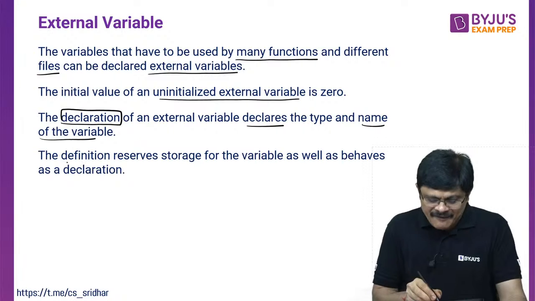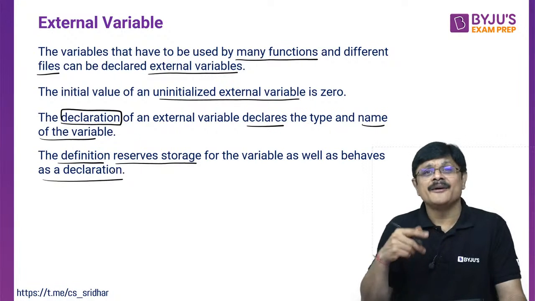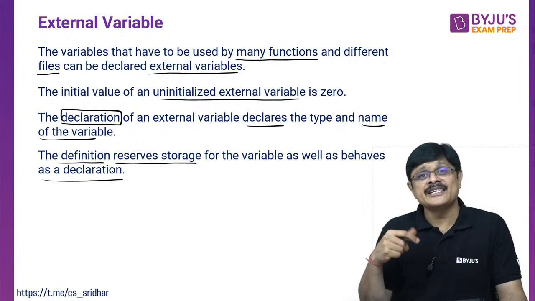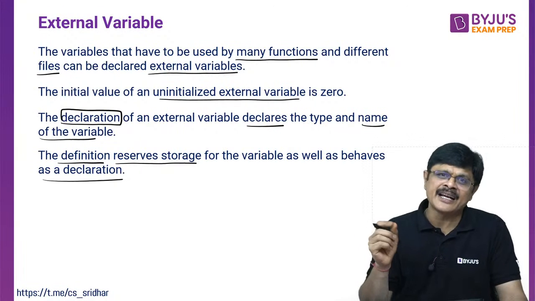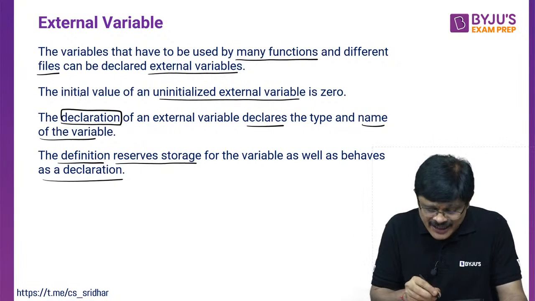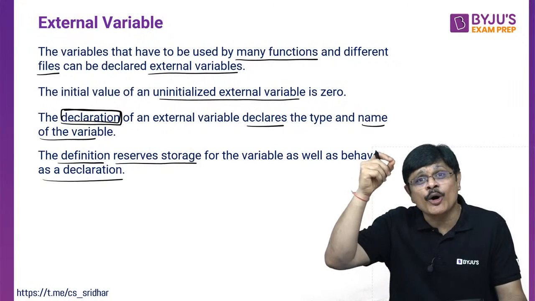The definition of an external variable reserves storage for the variable as well as behaves as a declaration. The definition behaves both as a definition, that is storage will be created, and as a declaration, whereas a declaration will only tell you such a type of variable is already available.